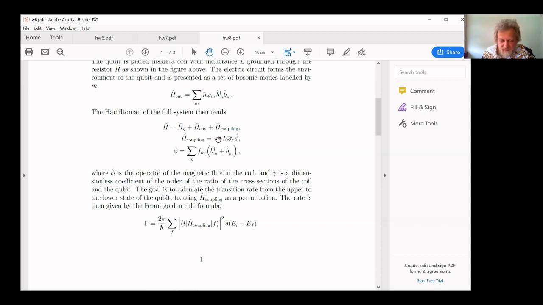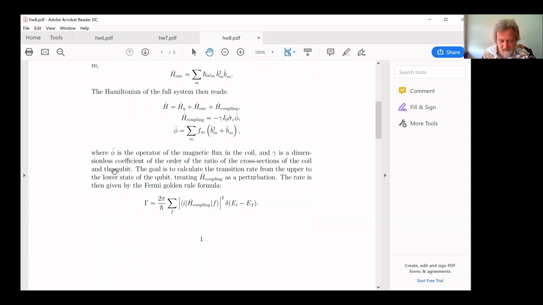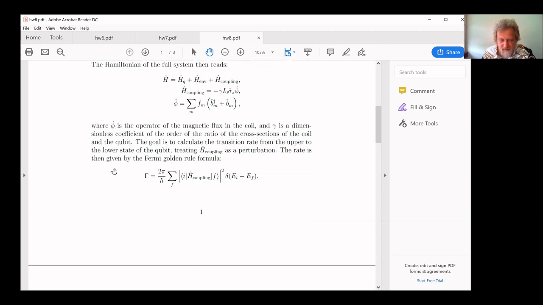First of all, the physical part. Here it shows that there's a coupling between current and flux. Mathematically, this flux operator is expressed in terms of creation and annihilation operators of this environment. Good.